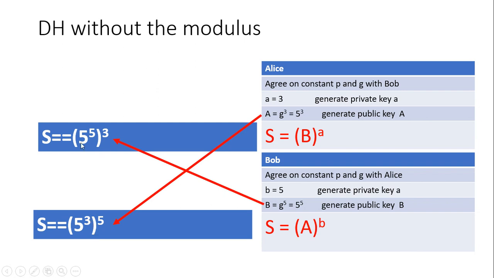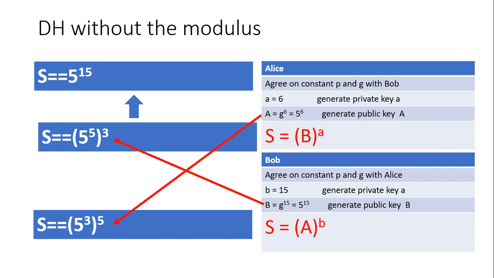From what we learned just now, 5 to the power of 5 raised to the power of 3 and 5 to the power of 3 raised to the power of 5 basically are the same thing. You just multiply the exponents together. Whether 3 comes first or 5 comes first, the multiplication of the exponents 5 and 3 will yield 15.